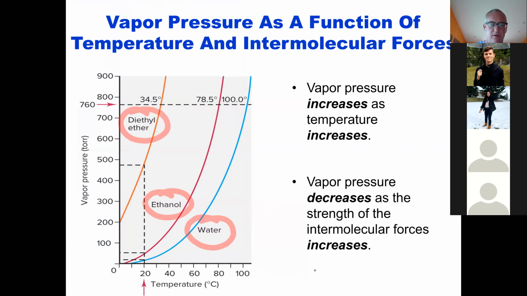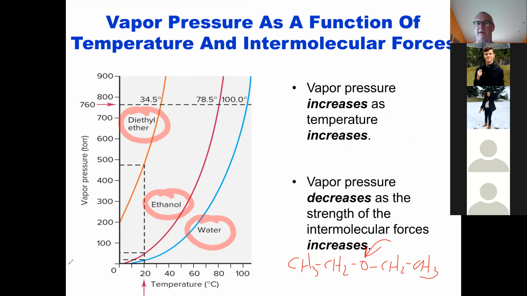Let me draw it out for you. It's CH3CH2OCH2CH3. So it's mostly a hydrocarbon with an oxygen in the middle. It's fairly nonpolar, but somewhat polar because of that oxygen in the middle.